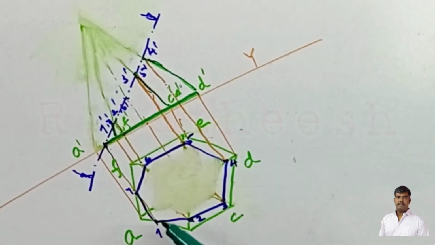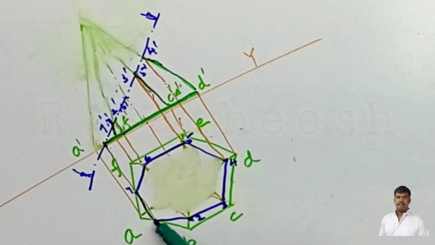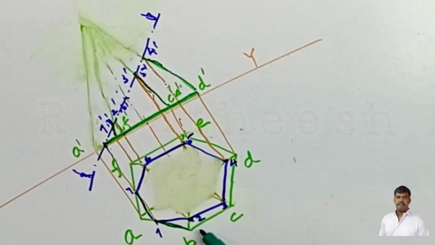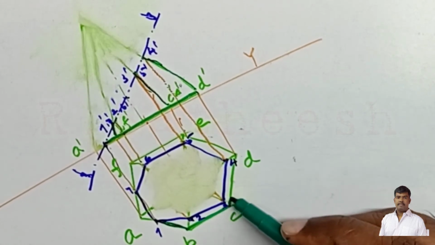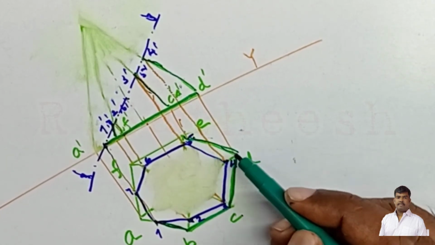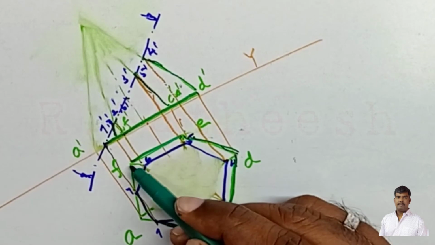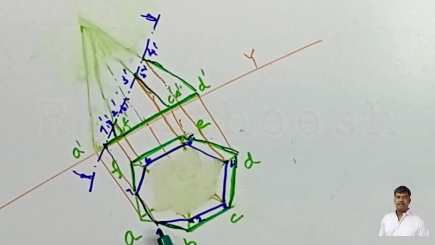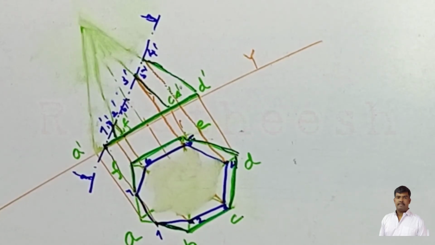Similar case in the top view, this part here, the base portion, like this. So here the 7 to A to 1, that part is not there. Therefore we want to erase it, or otherwise we make it thin with a 2H pencil.